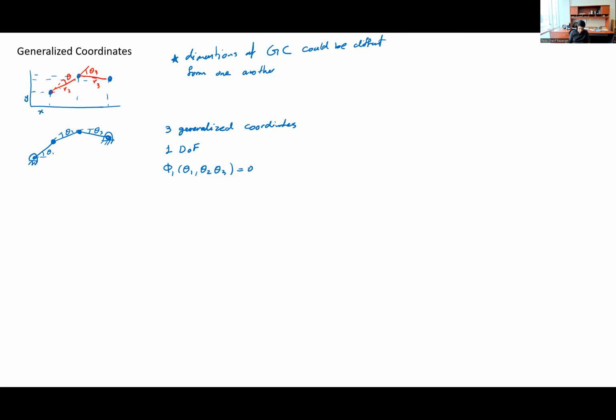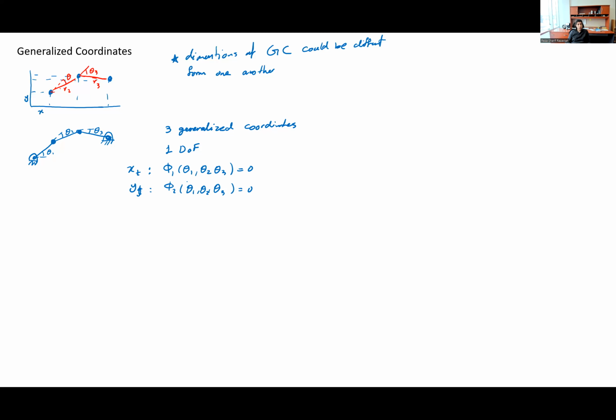It could be that x of the tip, the end of the particle, being equal to something, or not equal. And I can have a constraint for y of the tip, some phi 2 of theta 1, theta 2, theta 3 equals 0.